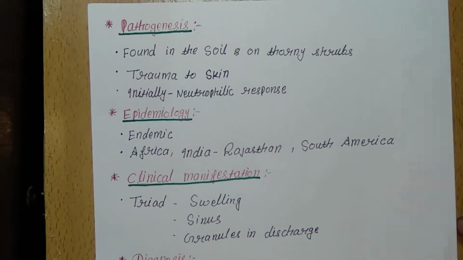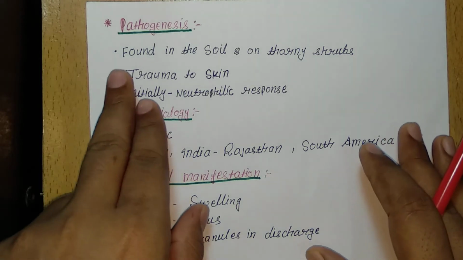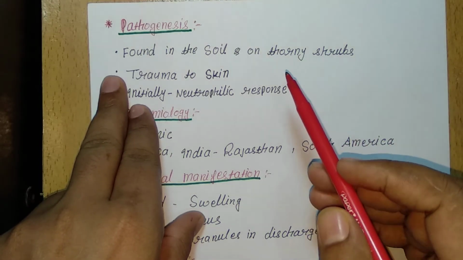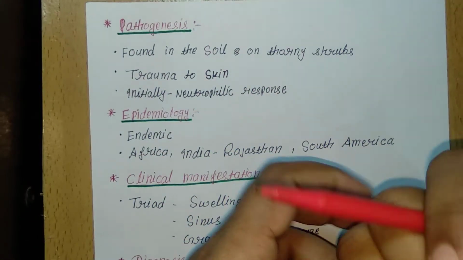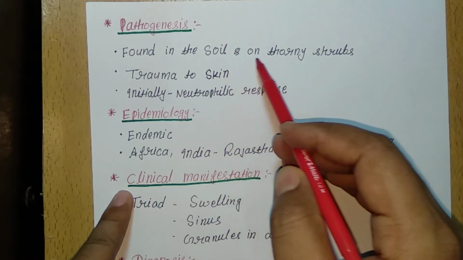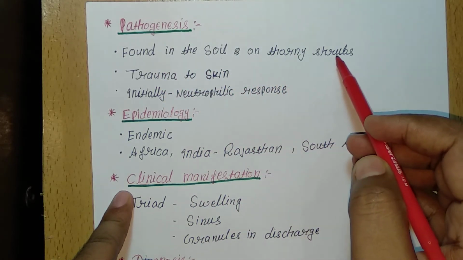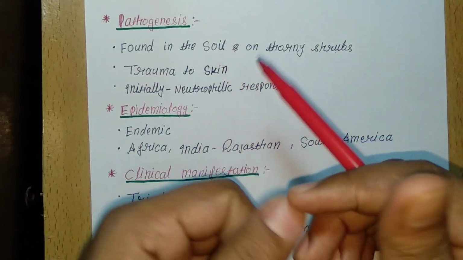Then what is the pathogenesis of mycetoma? Mycetoma is caused by saprophytes that are mostly found in the soil and on thorny shrubs, and the infection is caused by fungi such as Madurella mycetomatis.